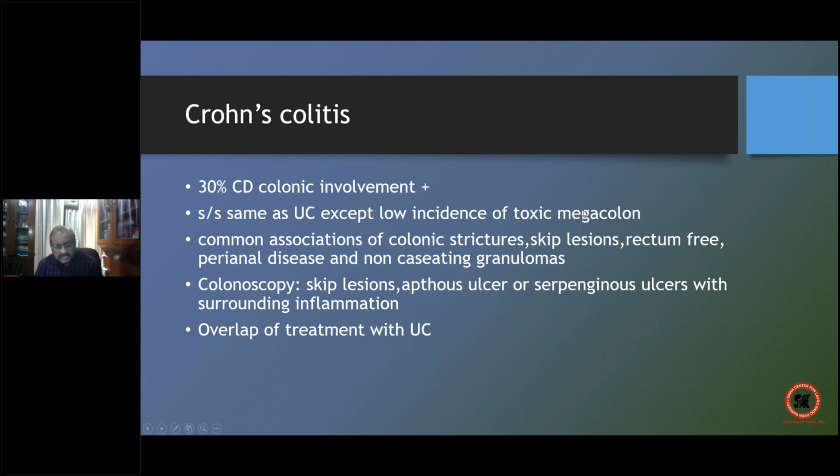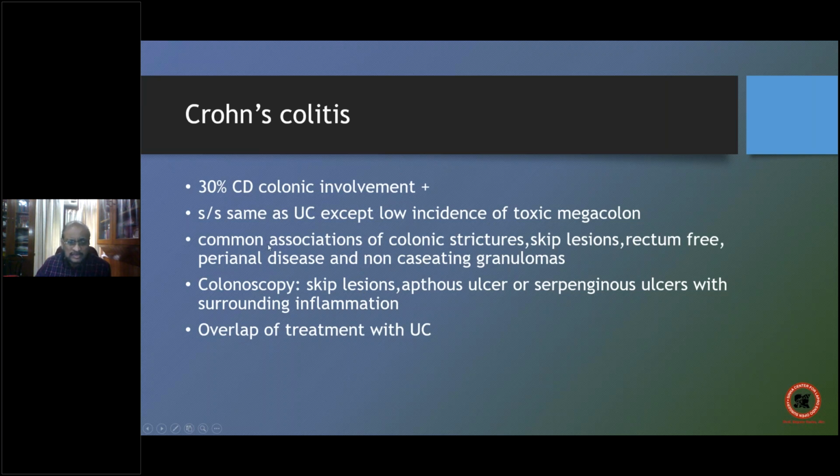CDs do not present with toxic megacolon. Toxic megacolon is a feature of ulcerative colitis. Common associations of strictures, skip lesions, fistulas, and caseating granulomas are features of Crohn's. Perianal disease is a feature of Crohn's as opposed to ulcerative colitis.